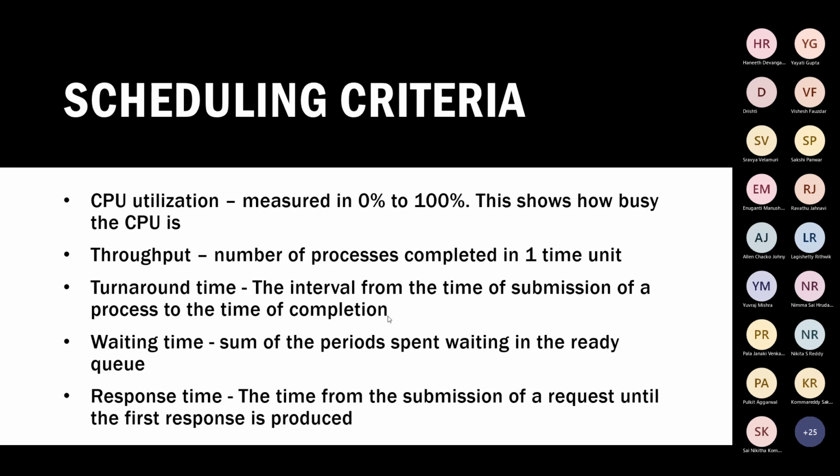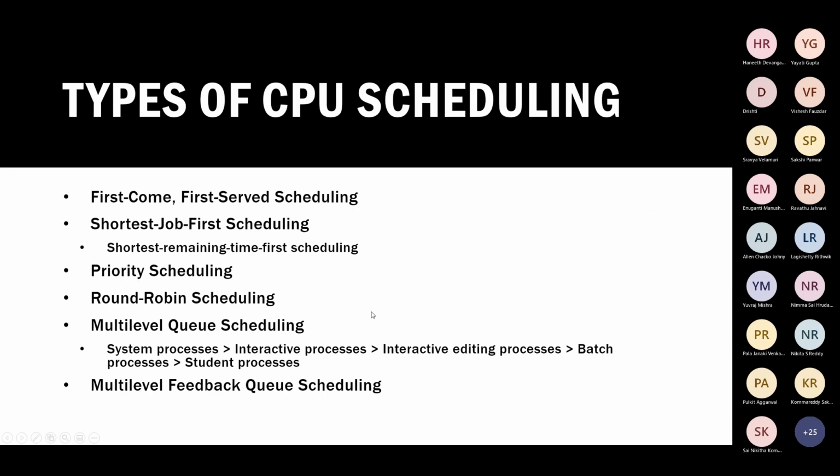Having these criteria in mind, there are now multiple types of CPU scheduling. The first I'll talk about is first come first serve scheduling, shortest job scheduling, and related to shortest job scheduling is shortest remaining time scheduling. There's priority scheduling, round robin scheduling, which I believe Hanif will talk about, and multi-level queue scheduling. Within this, there are priority levels in which the scheduling will occur.